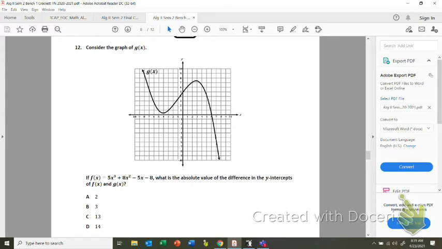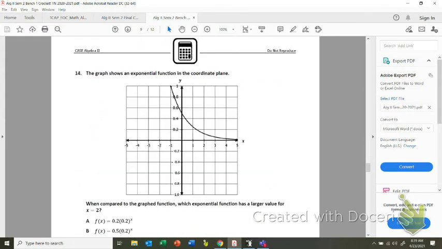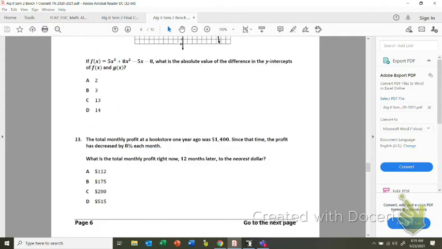All right, number 13. You will need a calculator for number 13. It says the total monthly profit at a bookstore 1 year ago was $1,400. Since that time, the profit was decreased by 8% each month.